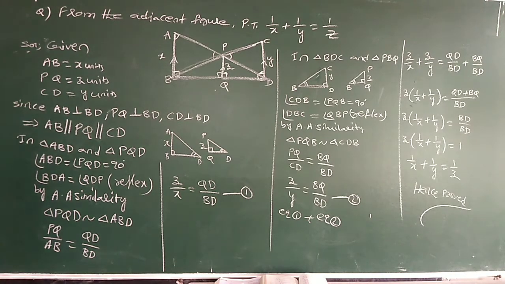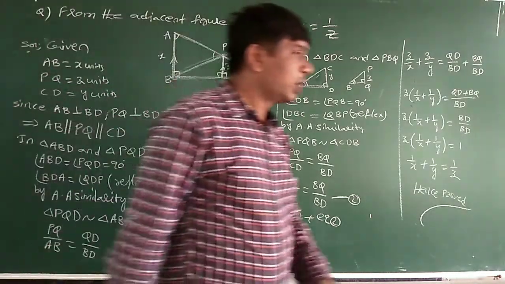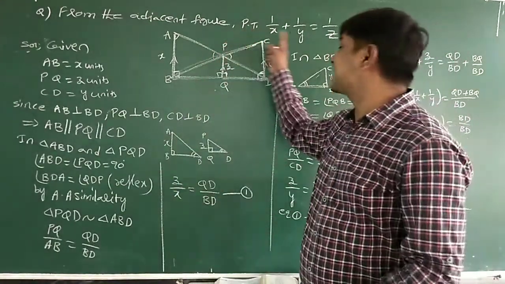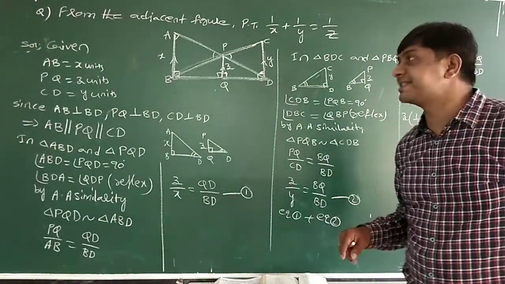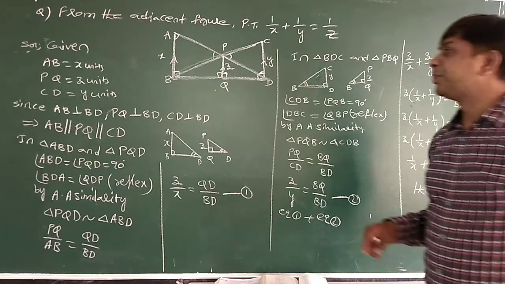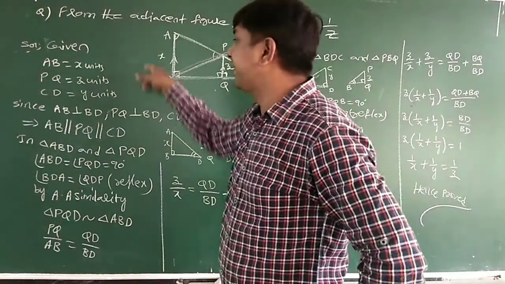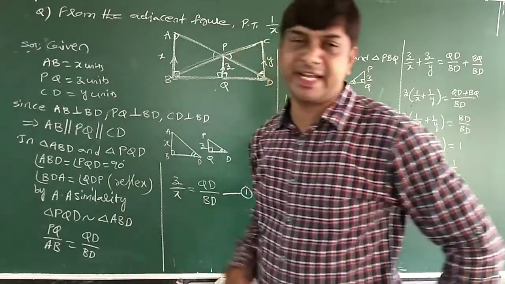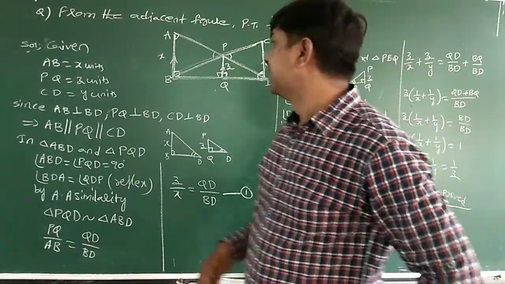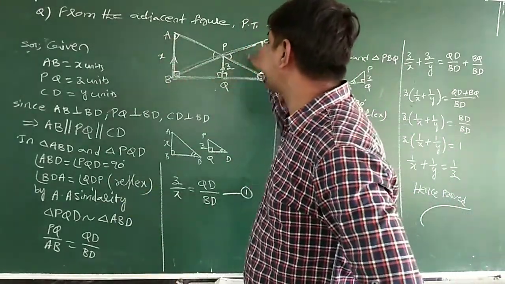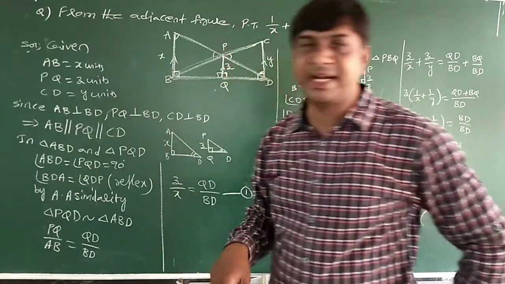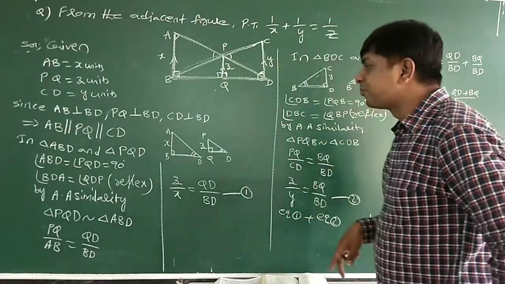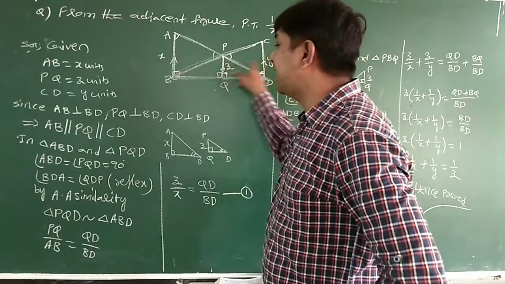See here, from the adjacent figure, prove that 1 by X plus 1 by Y is equal to 1 by Z. To prove this, this is the given figure. In this one, AB, PQ and CD values are given as X, Z, Y units. Since AB, PQ, CD, all three are perpendicular to the same base, they are parallel to each other.